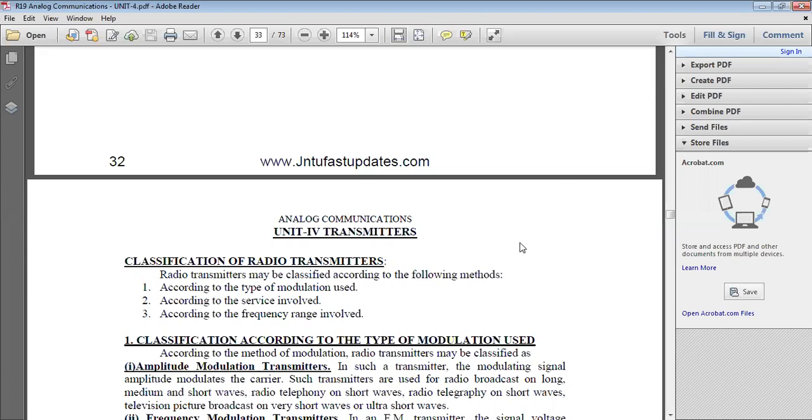How is this classification done? Radio transmitters are classified according to the following methods. Note down briefly. The first is according to the type of modulation used, the second is according to the service involved, and the third is according to the frequency range involved.